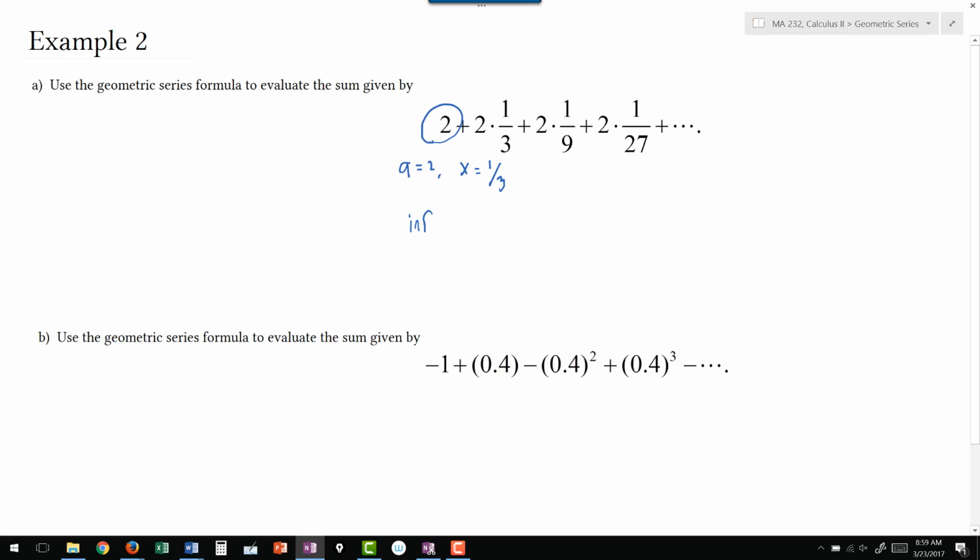A is generally the first term in the series, and x is the thing we multiply by to get from one term to the next. So in this case, a is going to be 2, x is going to be a third, and the infinite sum then is equal to a over 1 minus x. In other words, 2 over 1 minus a third. And after some simplifying, that's 2 over 2 thirds, which equals 3.